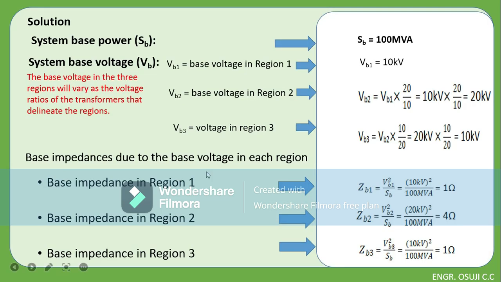Like we said, first your base power. As we informed you, the base power can be assumed to be the power of the biggest generator in the power system. We can also take the voltage of that same generator. Can we go back to it and see?